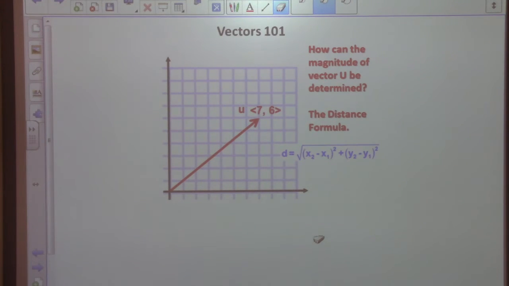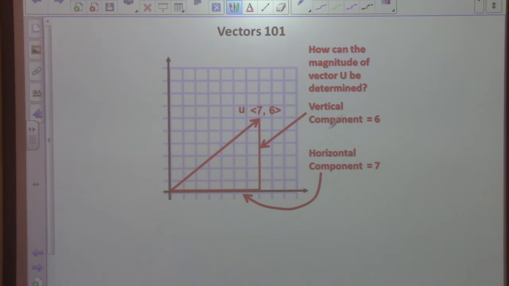Okay, question, how can the magnitude of vector U, which now we call vector U, be determined? Well, it's the distance formula. You remember the distance formula? Square root of x sub 1 minus x sub 2. Yeah. So it's this one right here. And even with this formula, it's really simpler than that.